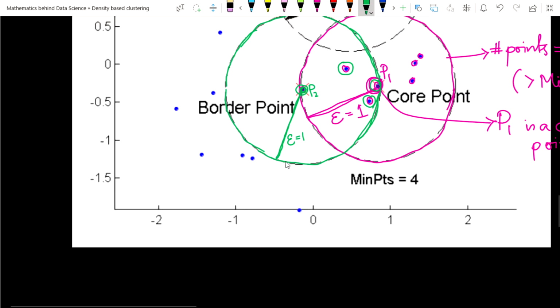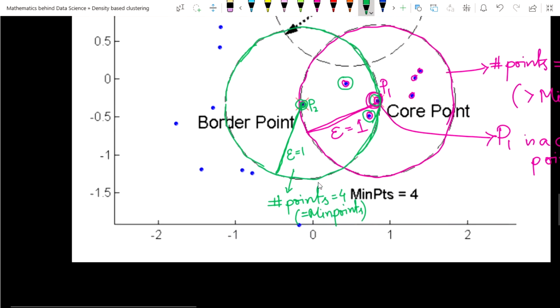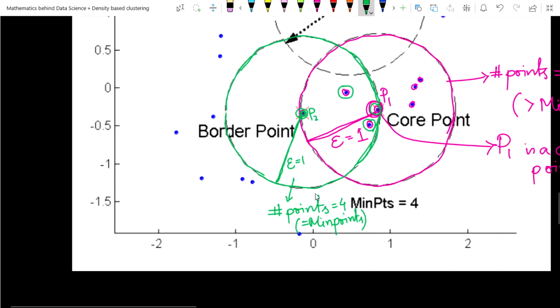So the number of points here is equal to 4, and our min points is also equal to 4. Because of this region, we call it a border point.